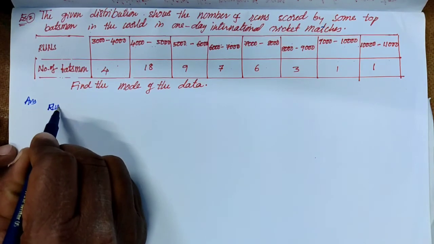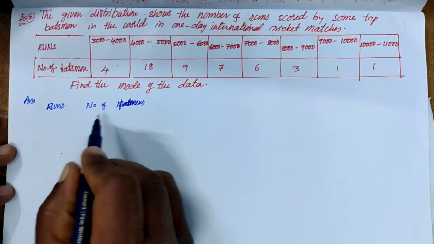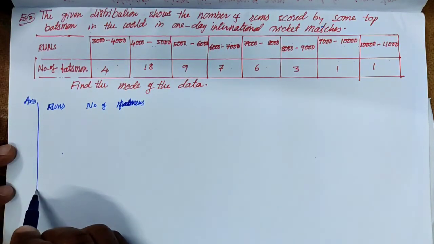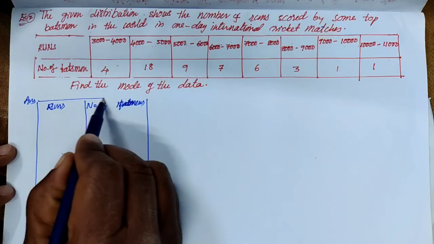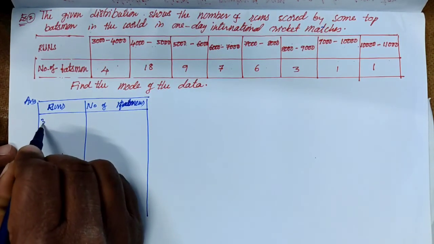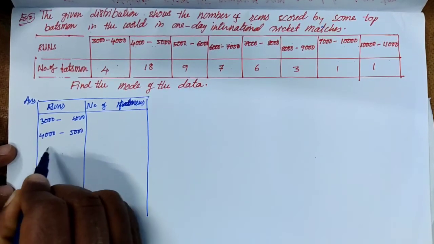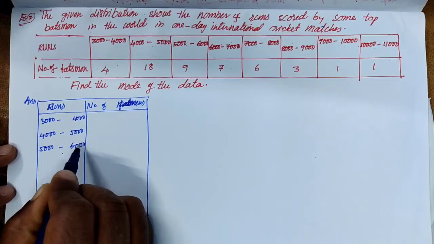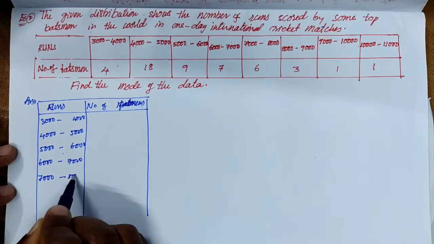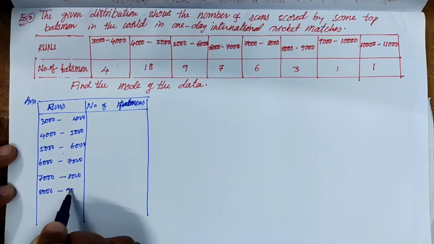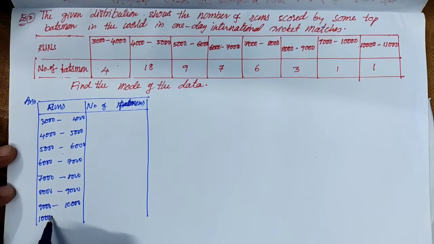Runs, number of batsmen. 3000 to 4000, 4000 to 5000, 5000 to 6000, 6000 to 7000, 7000 to 8000, 8000 to 9000, 9000 to 10000, 10000 to 11000.